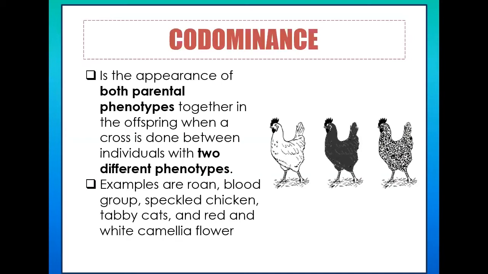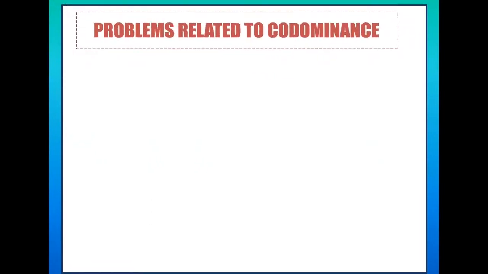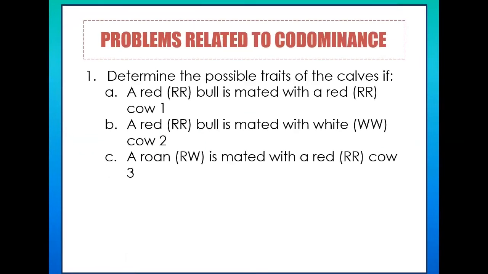Now let's apply the concept for solving problems related to this mode of inheritance. For the first problem, determine the possible traits of the calves if, letter A, a red bull is mated with a red cow. For letter B, a red bull is mated with a white cow.